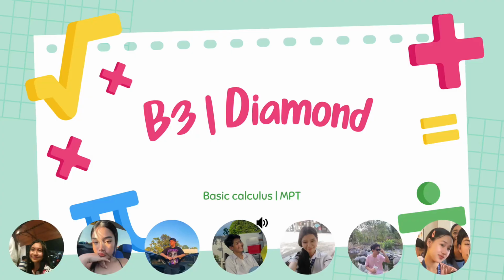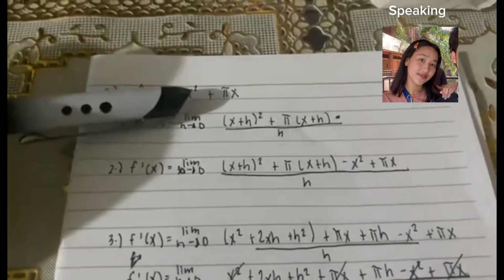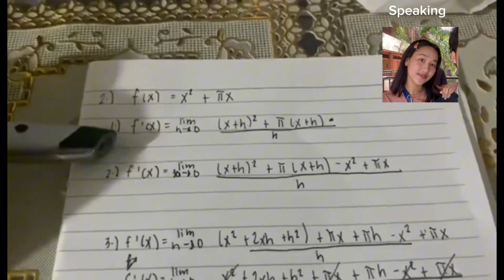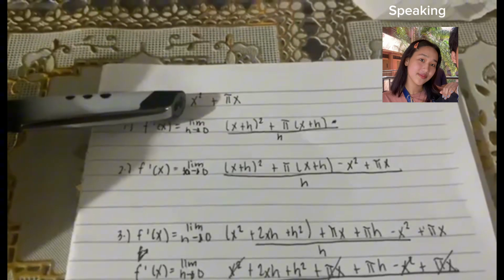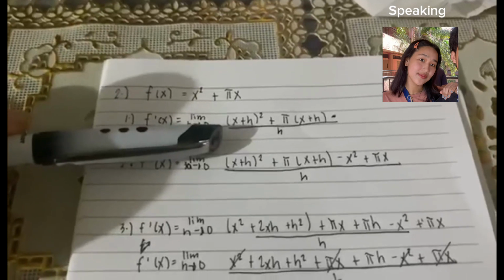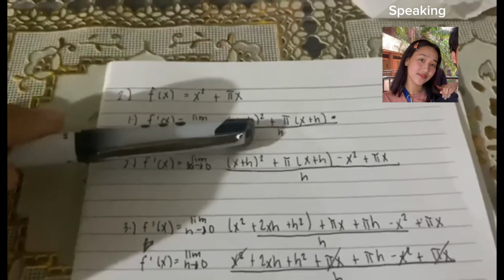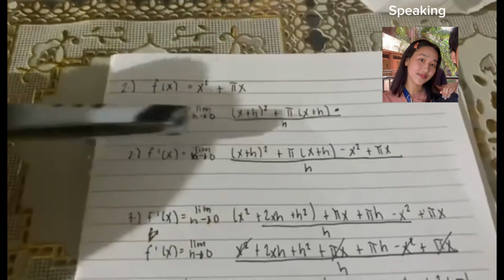Using the same example, we will be using the definition of derivatives formula in this next example. So for the second problem, it is f of x equals x squared plus pi x. For the first step, we will simply replace all x with x plus h and divide everything by h. So it will give us x plus h squared plus pi times x plus h divided by h.